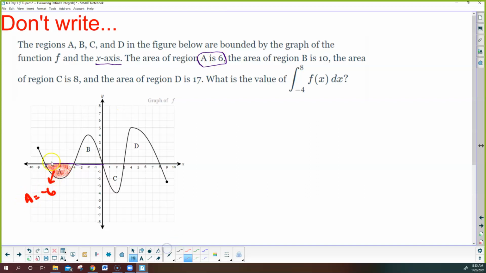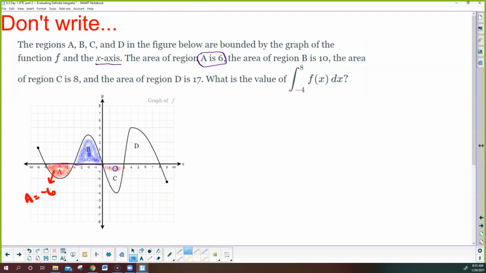So that's what we've got to think of. If it's below the x-axis, it's a negative area, which would mean region B is 10. This region right here above the x-axis would be a positive 10 because we're up above, my output is positive. And I'll put the numbers next to them.